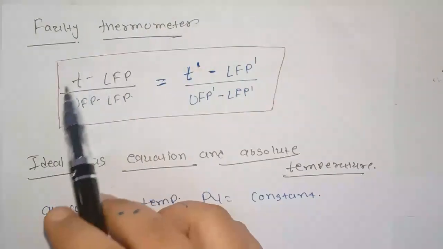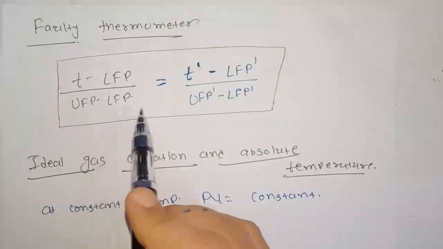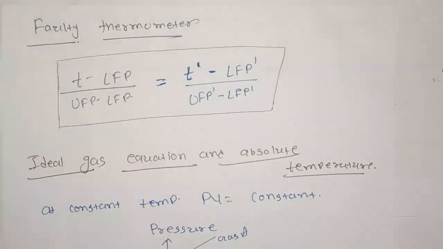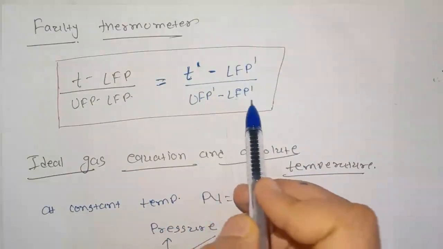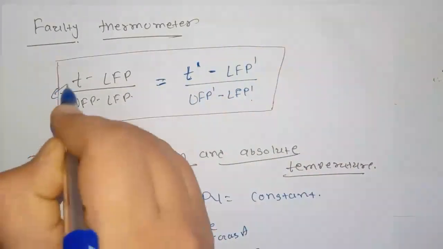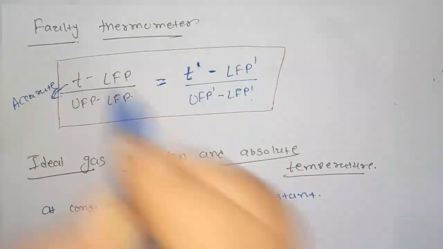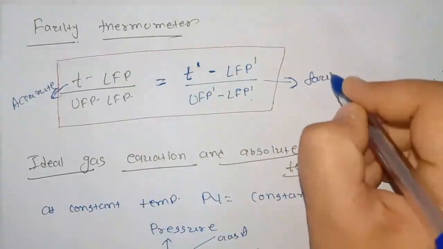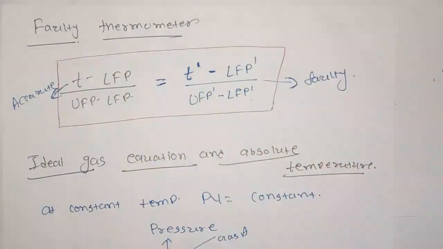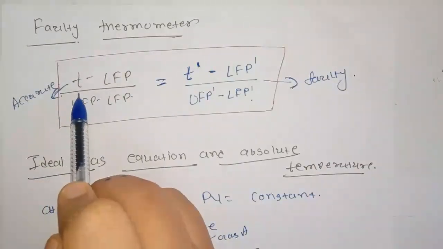The formula we will use is (T minus LFP) upon (UFP minus LFP) is equals to (T dash minus LFP dash) upon (UFP dash minus LFP dash). This is for the accurate thermometer and this one is for the faulty thermometer. T is the temperature of the given body which is accurate, which is true.